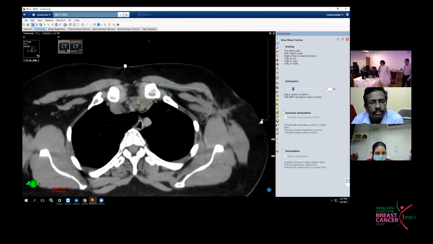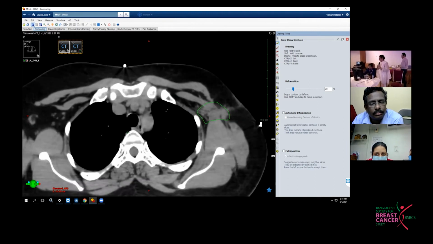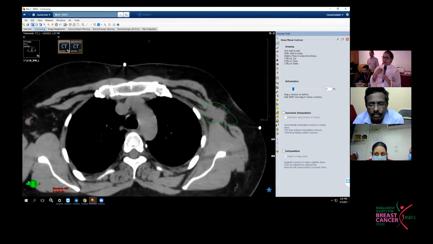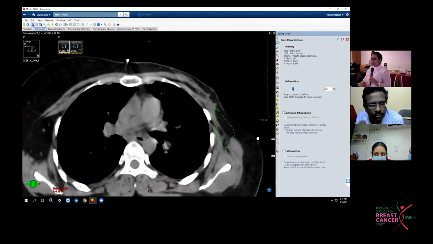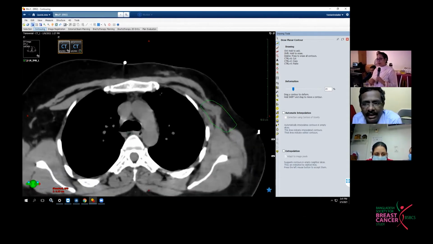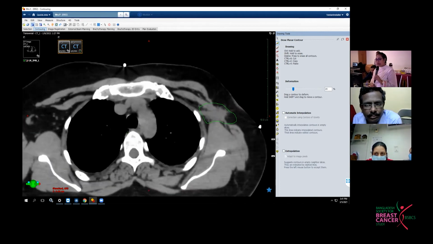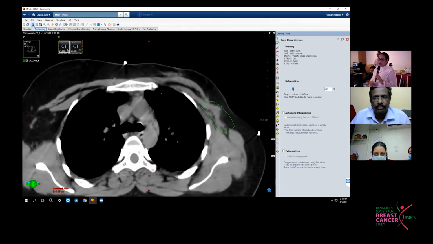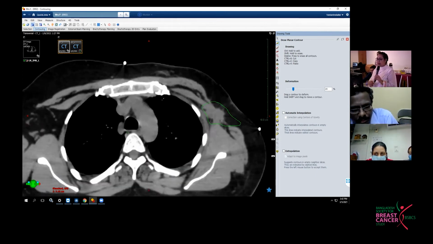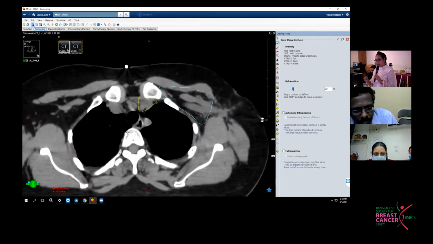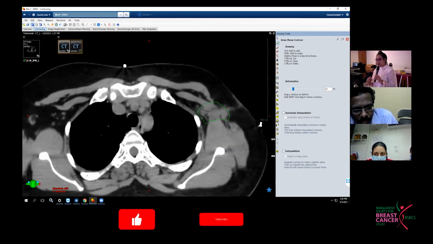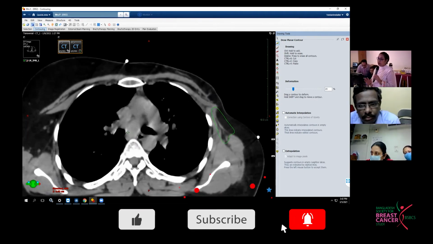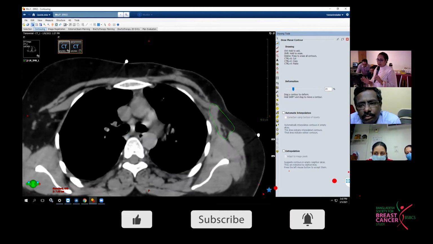Meanwhile, I would like to ask something. During simulation, we do put some lead wire or some wire around the mark. We mark the scar and the upper border and lower border during the simulation, which will help guide us that we are not missing anything during treatment.